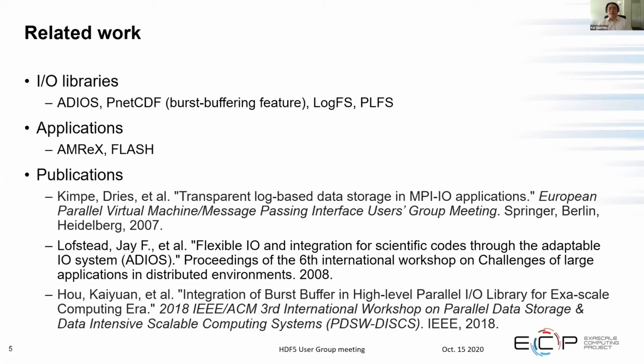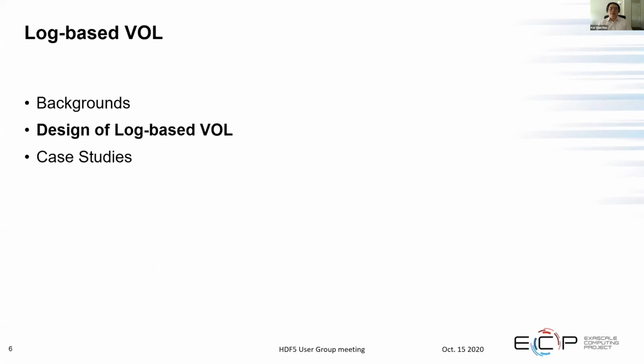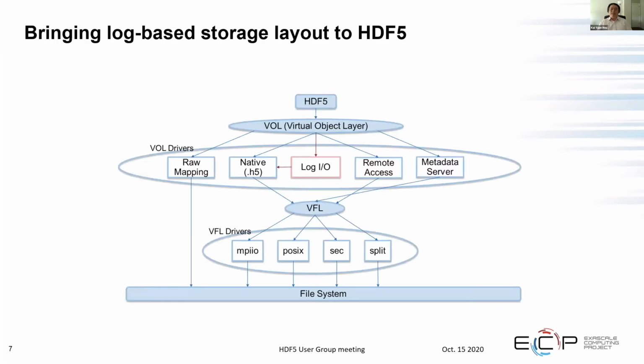With this experience, we are thinking about whether we can apply the same idea to HDF5 and benefit from a lighter and more efficient storage layout. So we came up with the design of the log-based VOL. It's literally a pass-through VOL that directs everything to the native VOL except for the dataset.